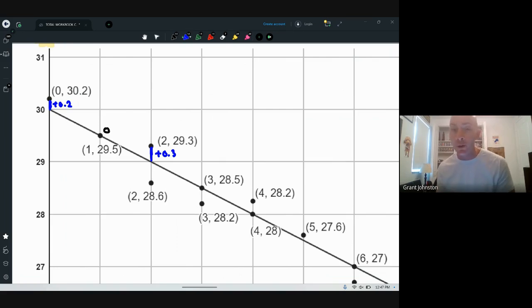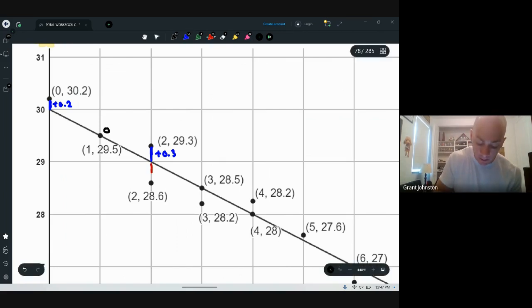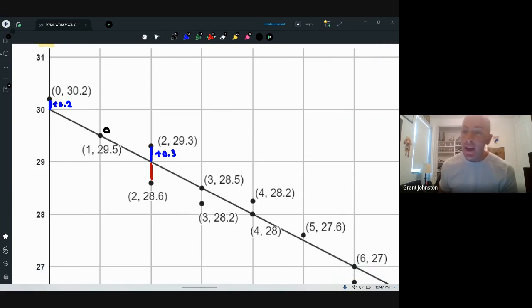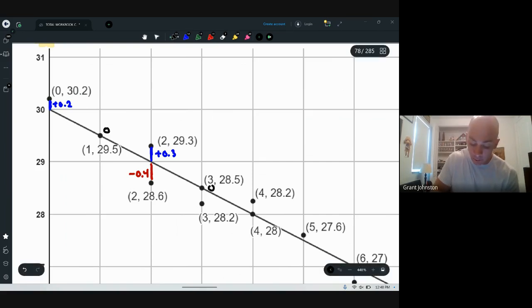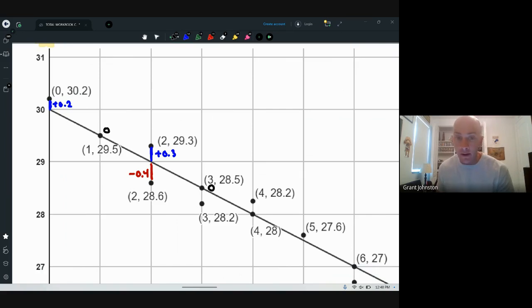It's at 29.3 while the line is at 29. This point down here is at 28.6 and the line's at 29, so that means there's a negative residual below the line of 0.4. Again, this one has a residual of 0 because it's on the line.